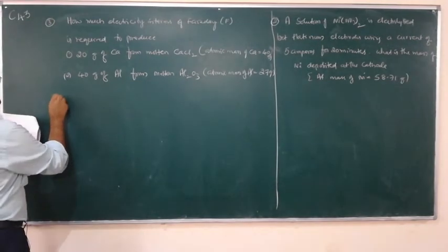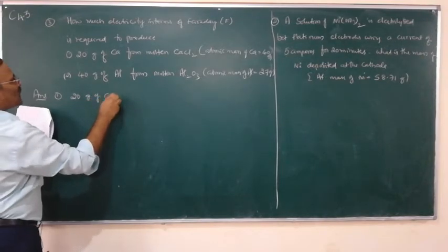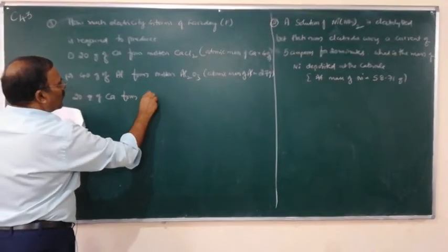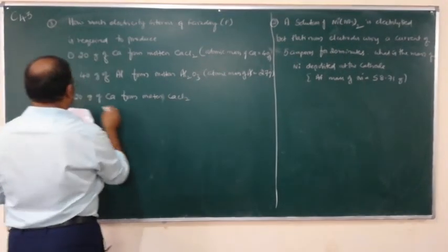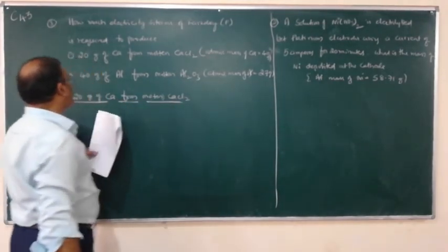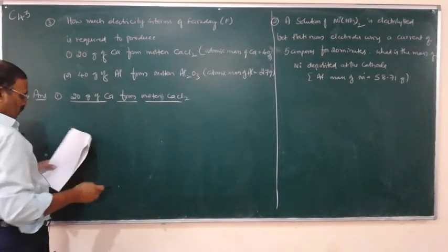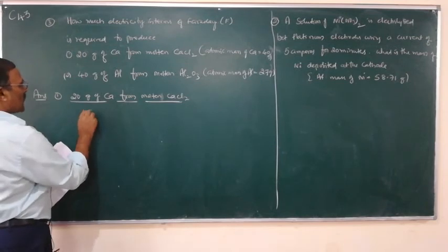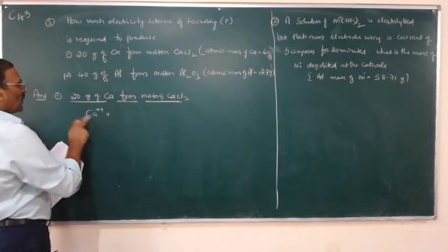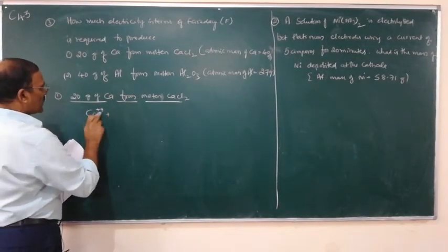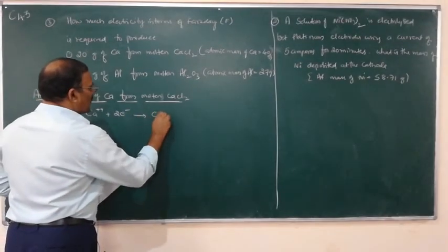So first we will do the first problem. 20 gram of calcium from molten calcium chloride. So calcium on electrolysis you will get calcium ions. So calcium ion is a bivalent ion. So for the discharge of 1 mole of calcium ion we need 2 moles of electrons because it is a bivalent ion, to get calcium.